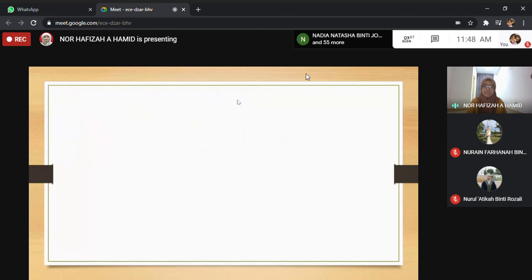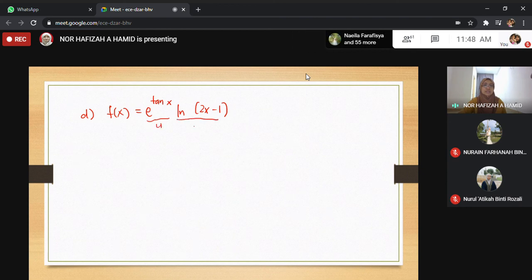Okay, so kalau D, okay, so you have function fx equal to E tangent x dengan ln 2x minus 1. Okay, so ni kena solve using product rule sebab dia involve two function.